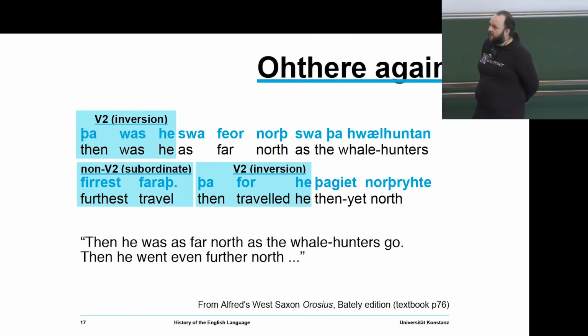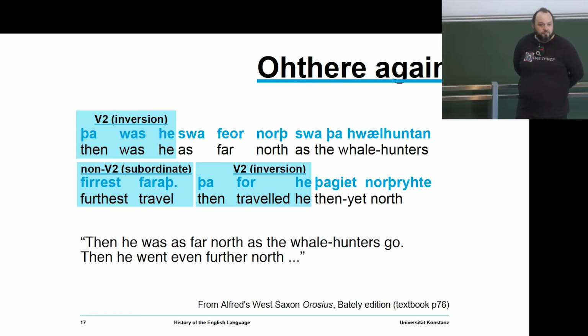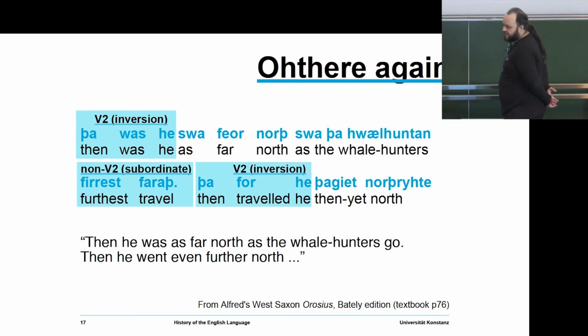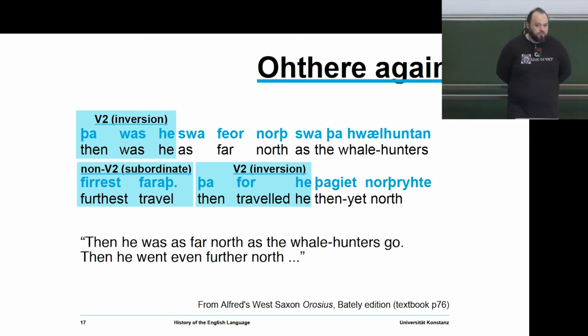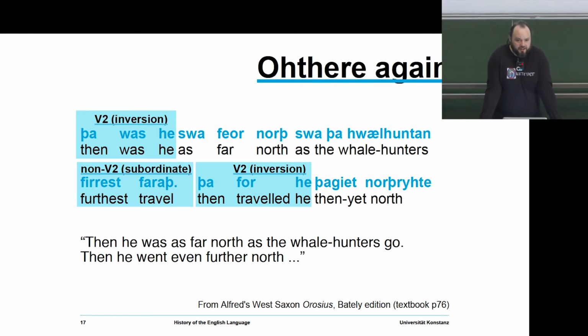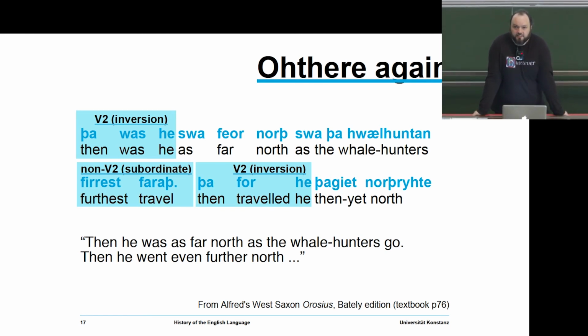But the more important point is that the syntax of these sentences involves verb second. And it involves strict verb second with the pronoun coming after the finite verb. That is slightly unexpected here, because in a sentence like this we would expect the subject to come before the finite verb, because he, the pronominal subject, is given information, it's old information.